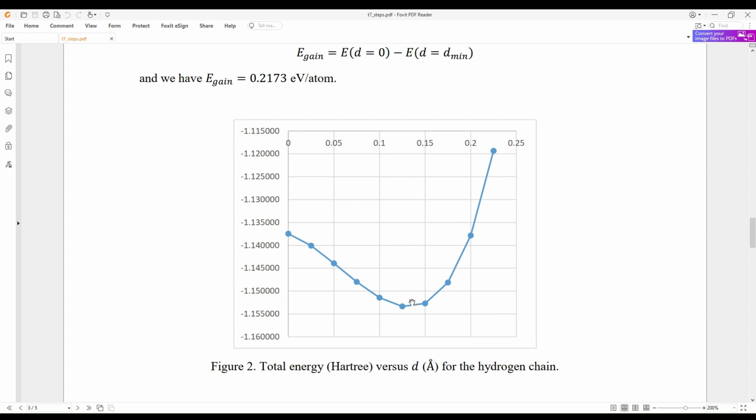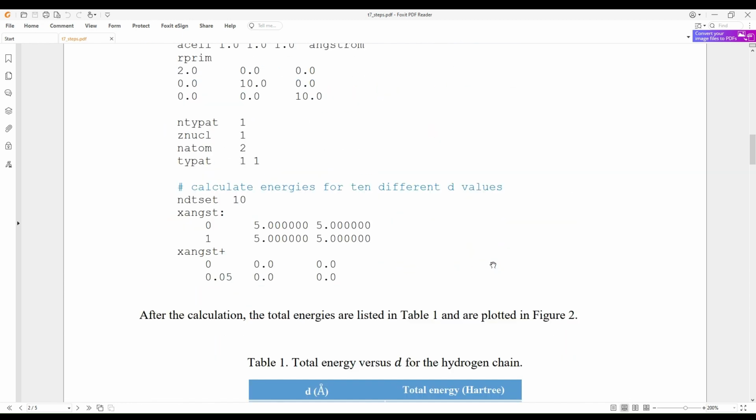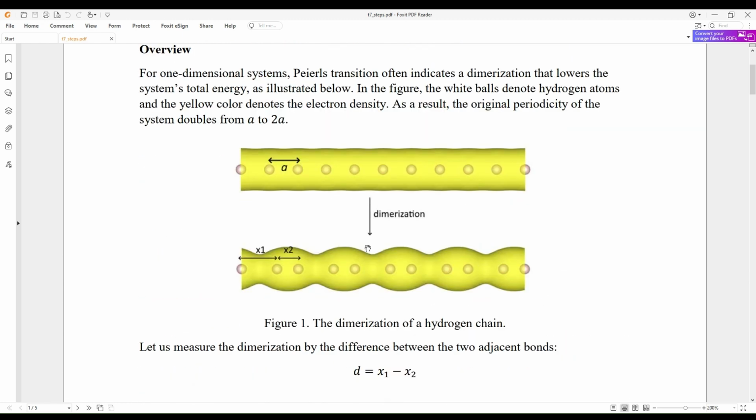However, at some point, if you keep increasing the d value, your energy will increase. This is because these two hydrogen atoms are going to get very close, so the energy will increase.